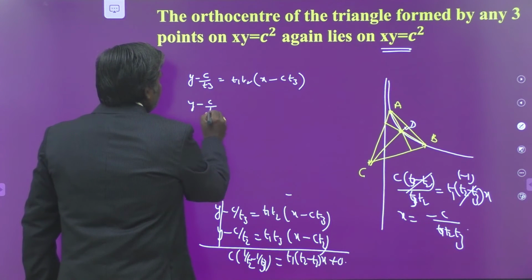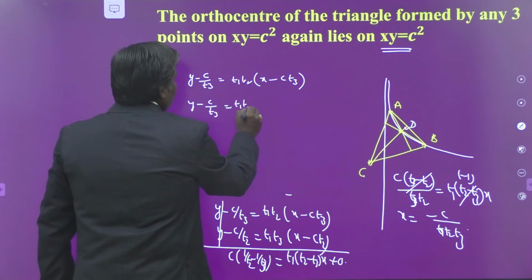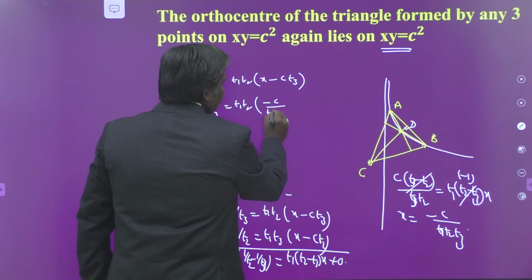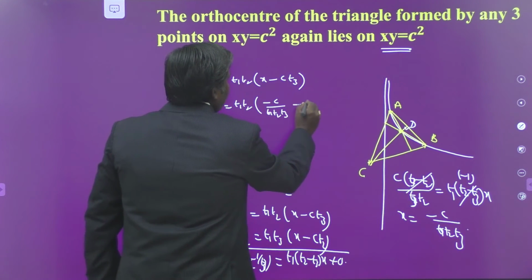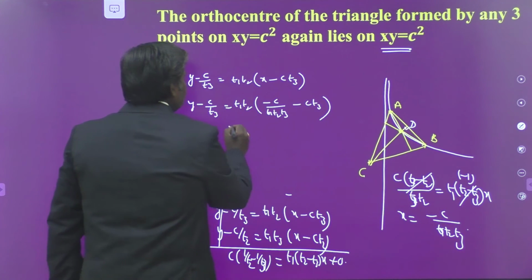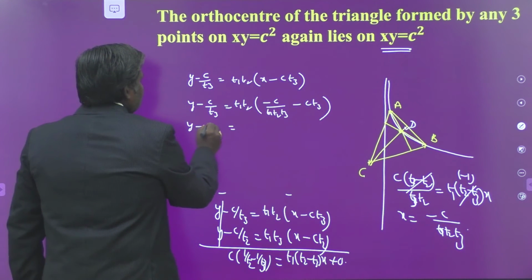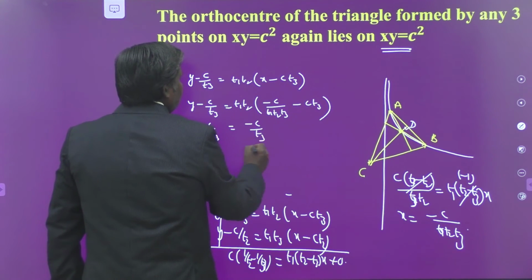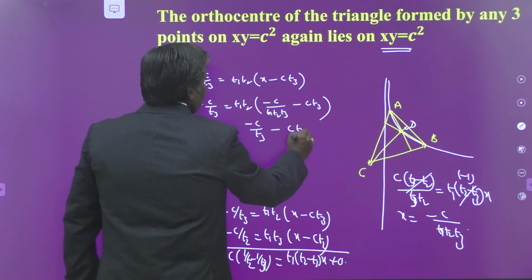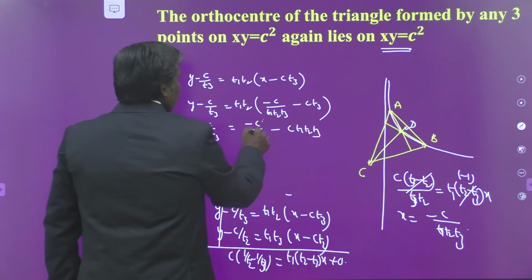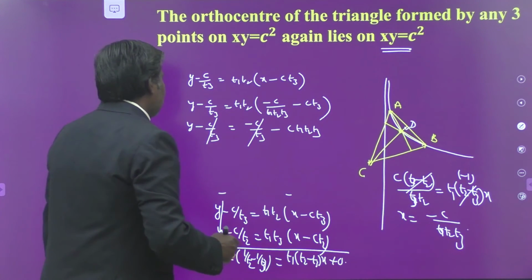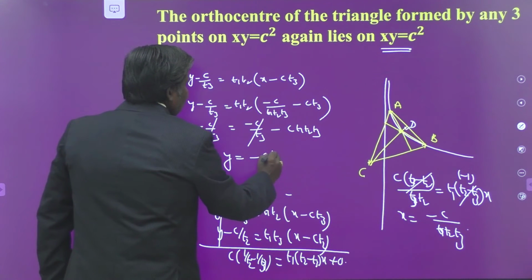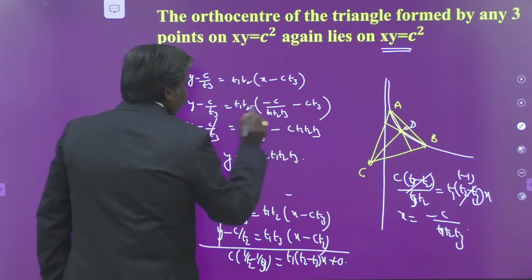So y minus c/t3 is equal to t1 t2 times (minus c/(t1 t2 t3) minus ct3), which is minus c/t3 minus c t1 t2 t3. Minus c/t3 and minus c/t3 get cancelled. We have the ordinate of the orthocenter equal to minus c t1 t2 t3.